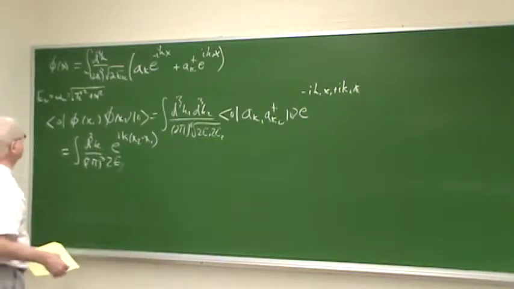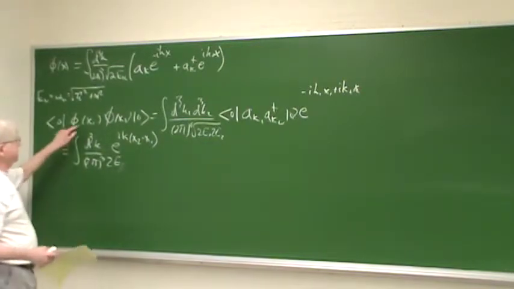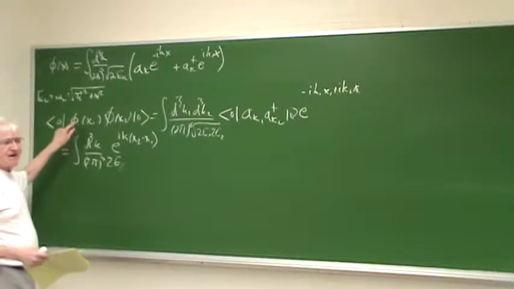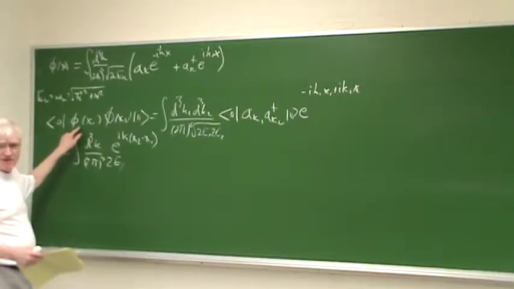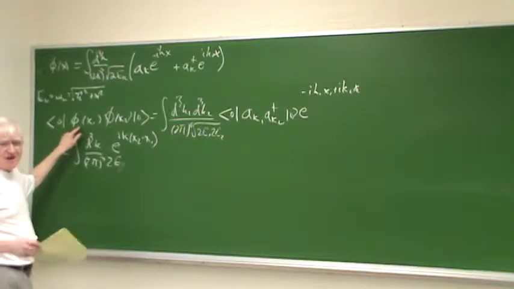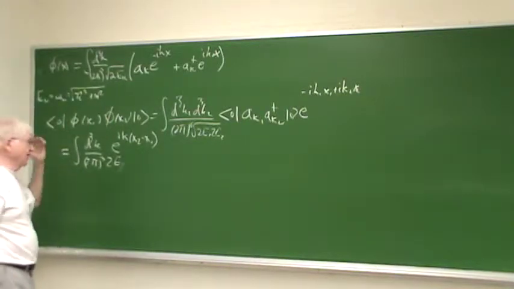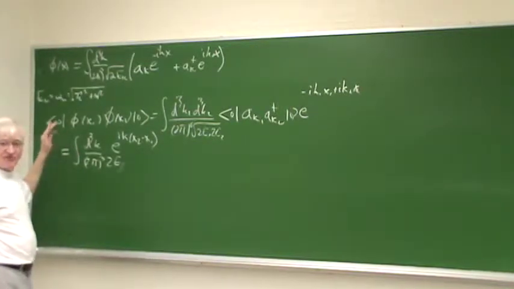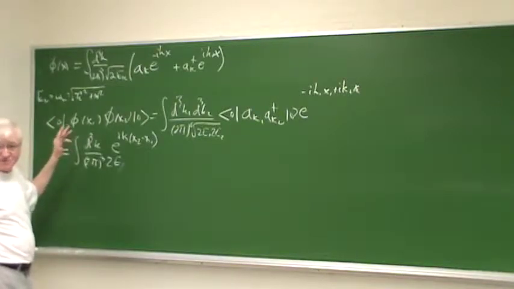Now, we're going to compute not this, but the time-ordered product, or the mean value in the bare vacuum. Some of this jargon, bare vacuum, vacuum of the free theory, is the same thing.